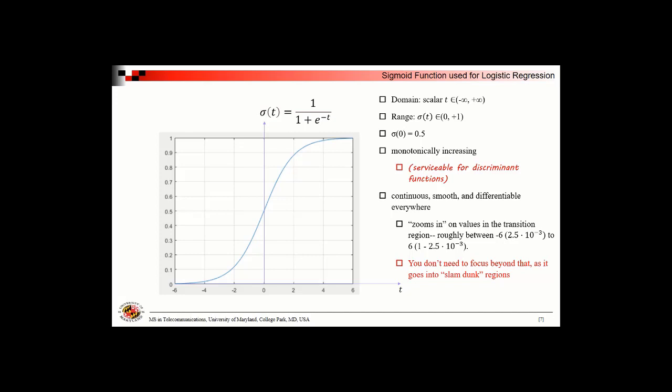You don't really need to focus beyond that, because when you go beyond those regions, you go into the slam dunk regions. What you do need to focus on is near the decision boundary, because that's the area where your machine learning algorithm is going to be evaluated, whether it's an effective one or a non-effective one.